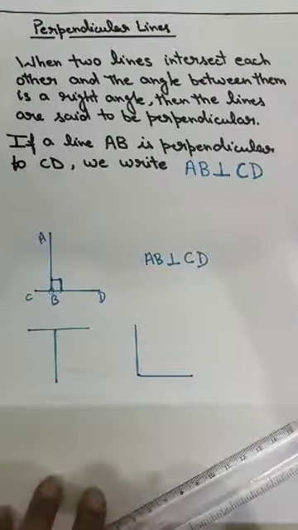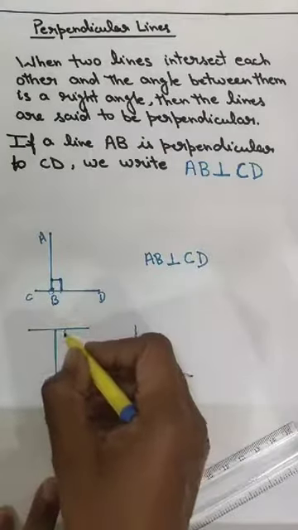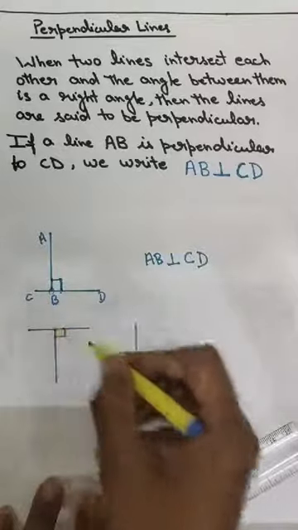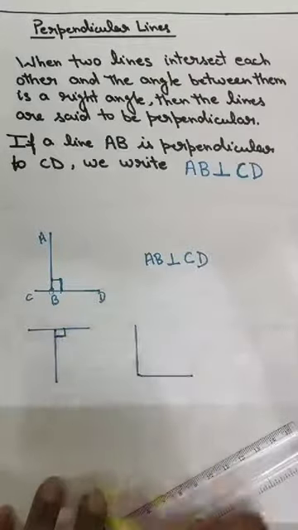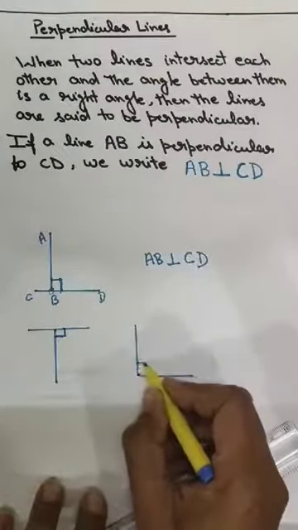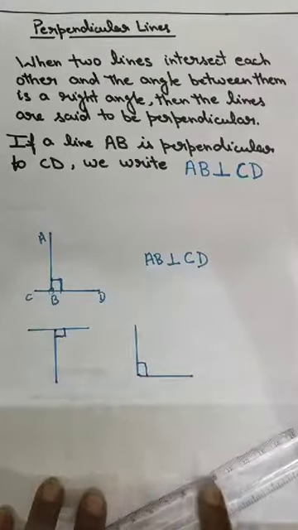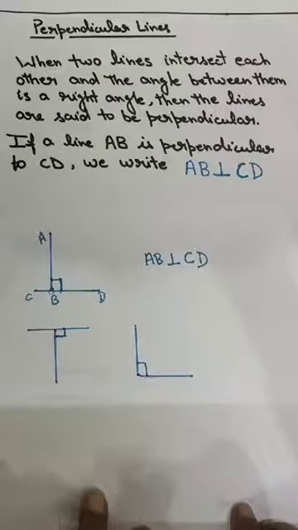Are they not perpendicular? Yes, they are perpendicular. See, they are intersecting also and they are making the angle of 90 degree also. So these are also examples of perpendicular lines.